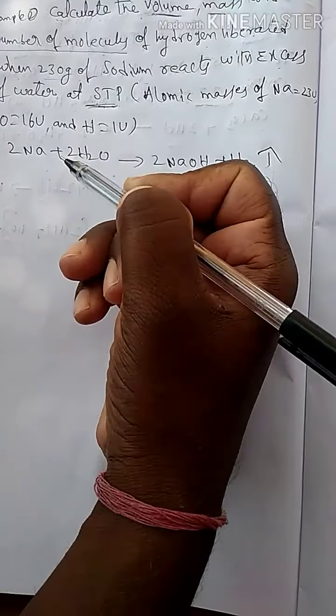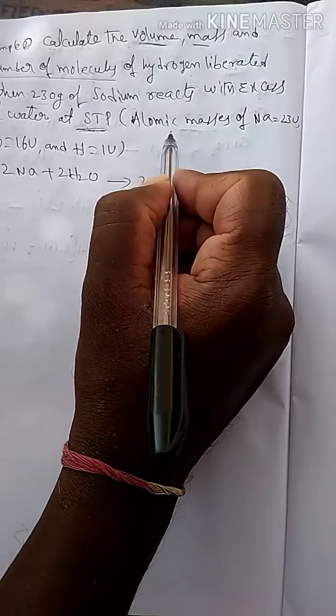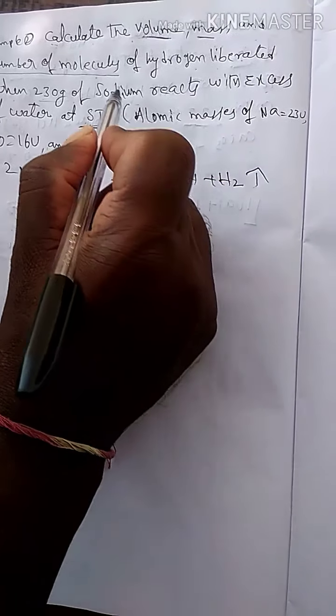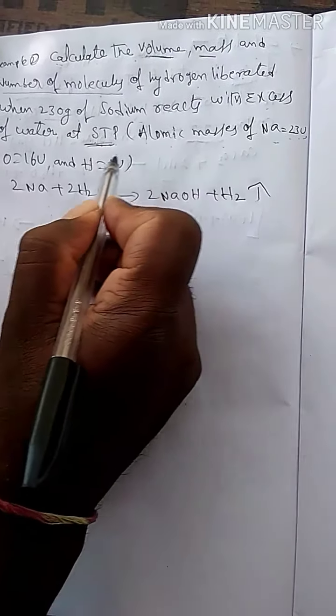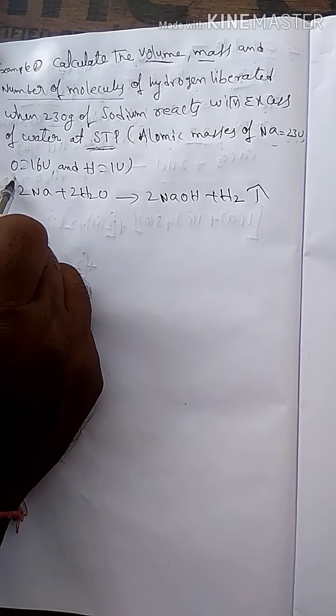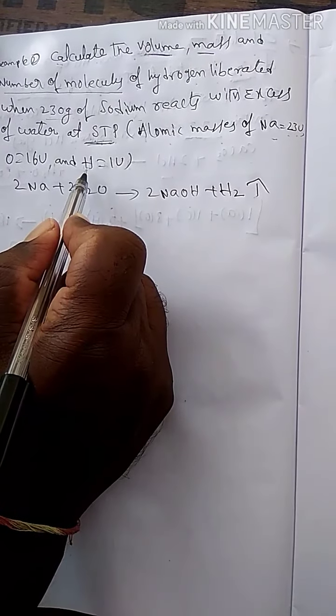Those values we discussed in the sum. Now, atomic mass of sodium we gave 23 units, oxygen is 16 and hydrogen is 1 unit.